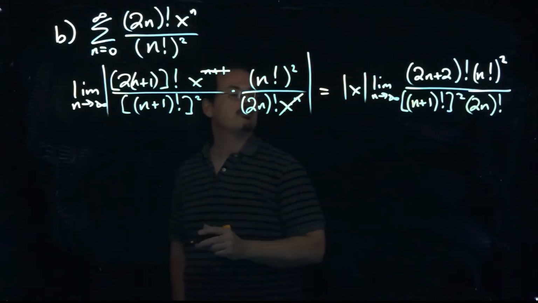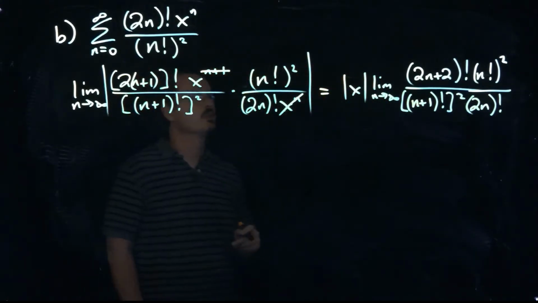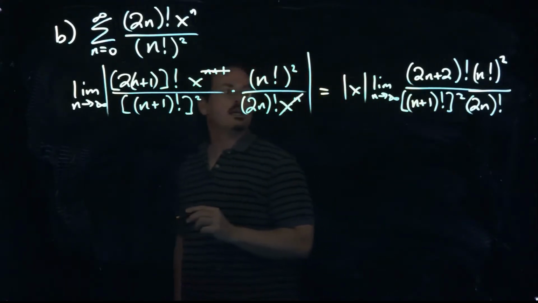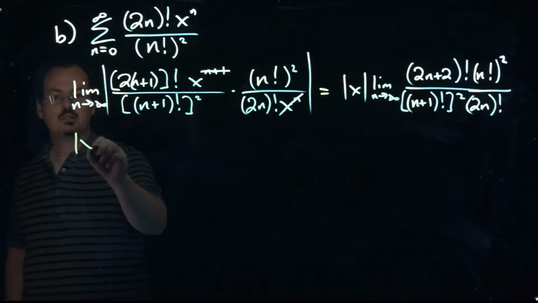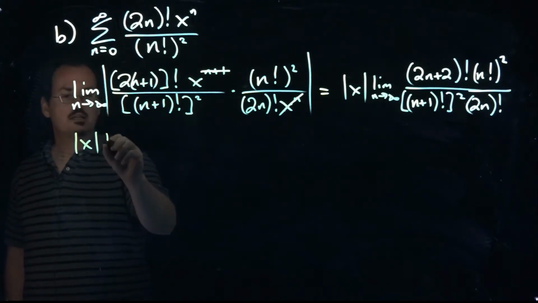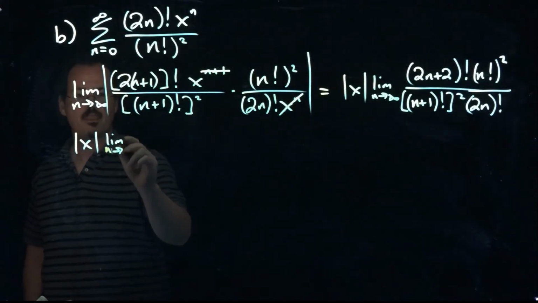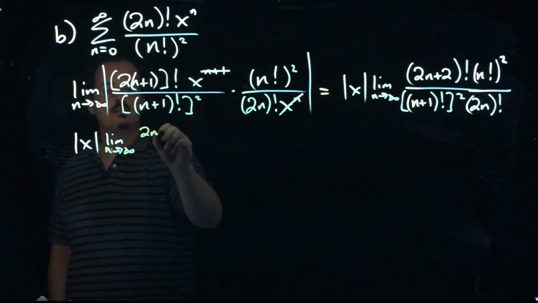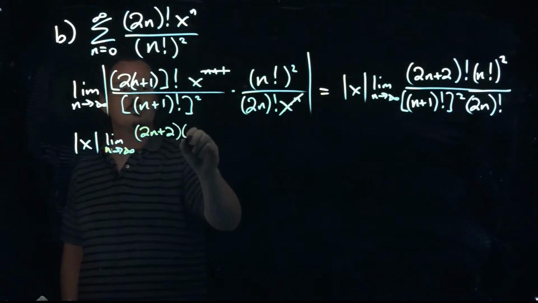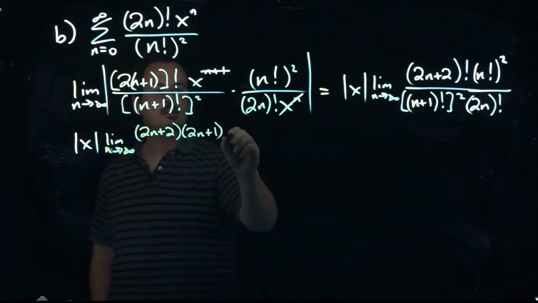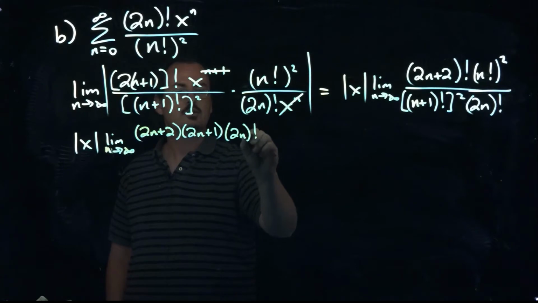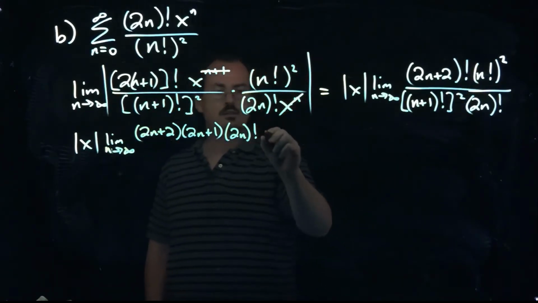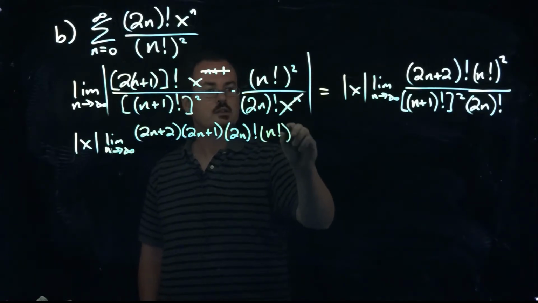Okay, so let's think about how we would rewrite this to cancel some of this stuff. So let's write this as 2n plus 2, with the absolute value here. Let's write that as 2n plus 2 times 2n plus 1 times 2n factorial. This n factorial squared, we'll just leave that alone.